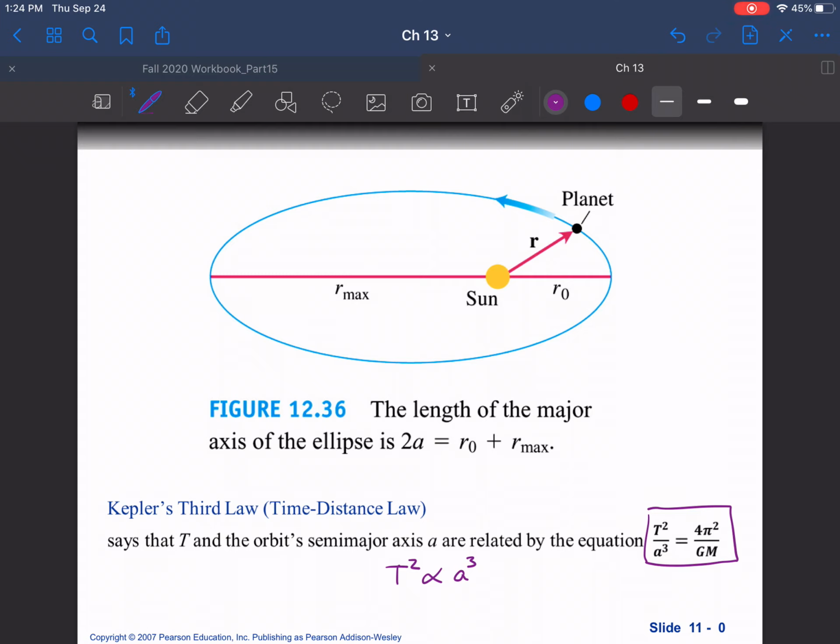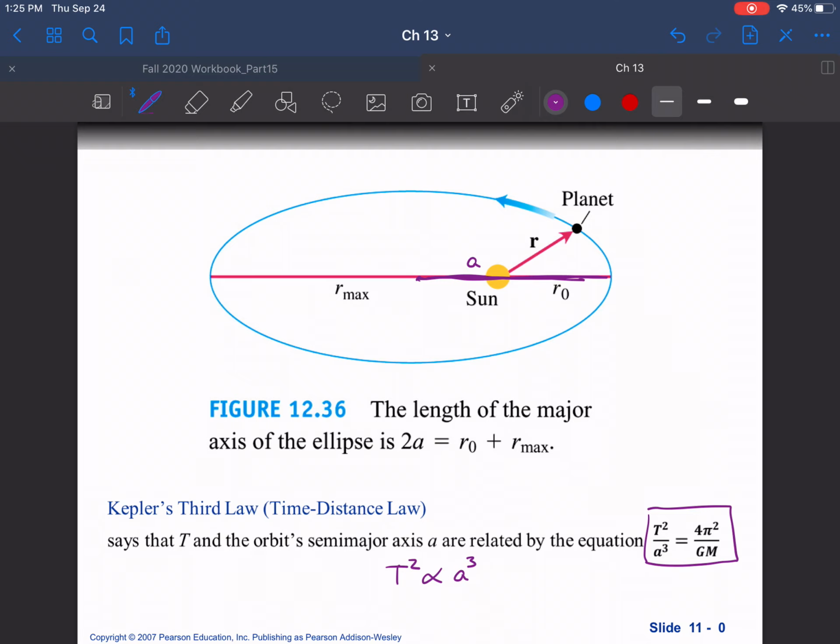So basically half of the major axis there, or the average distance of the planet from the sun. The orbital period is the amount of time it takes for it to complete one orbit, and then a is from the center between the foci out like that. That's our a right there.